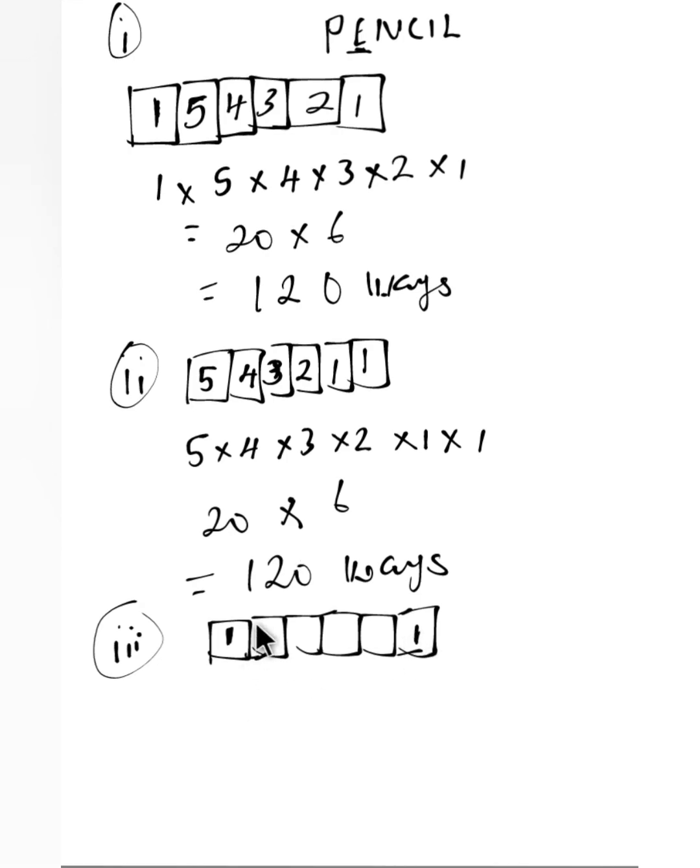So any of the 6 alphabets could appear here, but 2 of the alphabets are already in use. So we'll be left with 4 here, 3, 2, and 1. We multiply 1 times 4 times 3 times 2 times 1 times 1. 4 times 3 gives us 12. 12 times 2 is 24. So the answer is 24 ways.